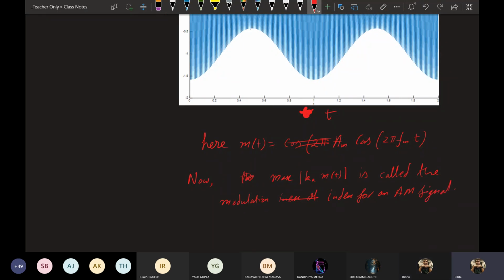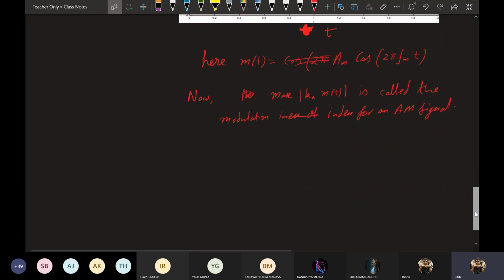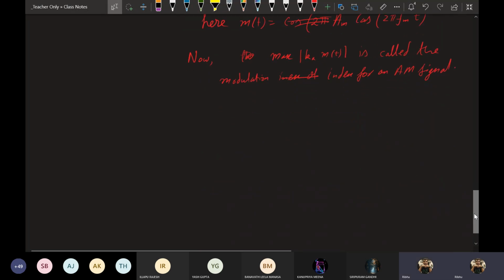This is a definition. Fine. Modulation index definition.